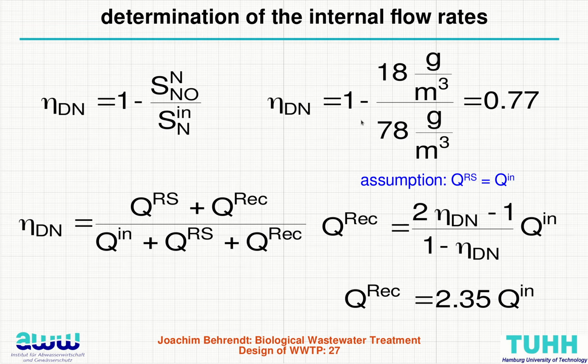Yeah. If you have the volumes, then you need to know what internal flow rates you need. First you have to define what degree of denitrification you need. There you're calculating what is the nitrogen that is allowed in the effluent, and what is the nitrogen in the influent. And finally you see that you have to have more or less 77% denitrification.